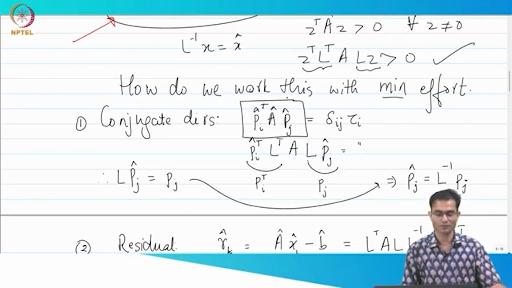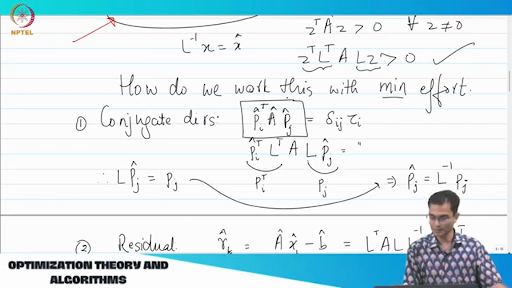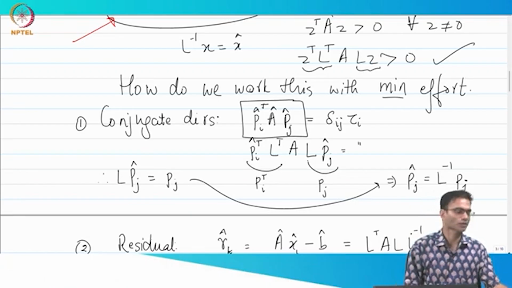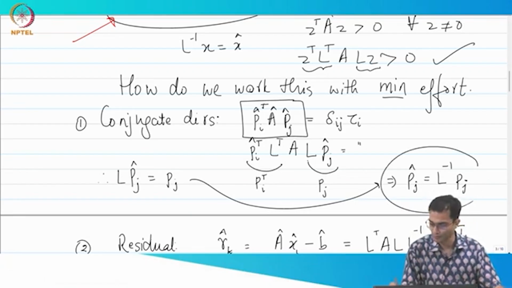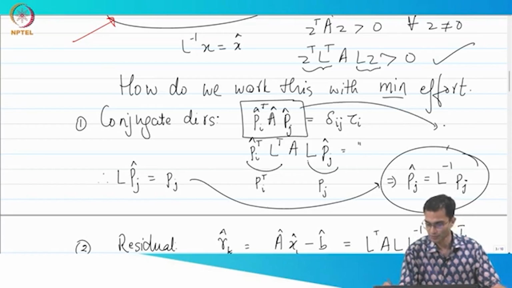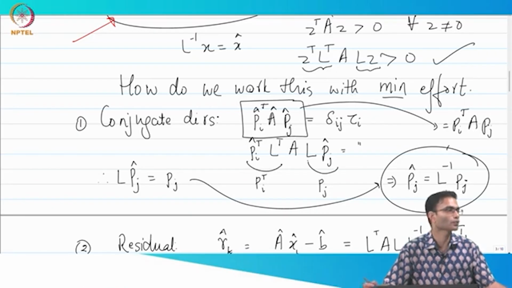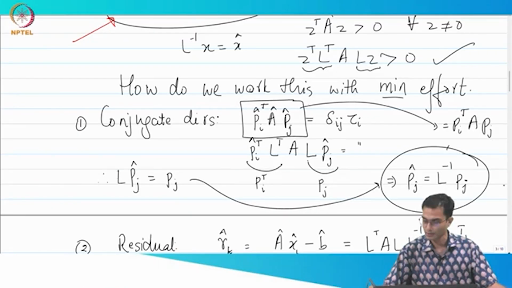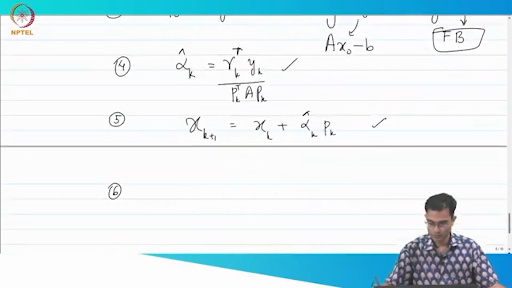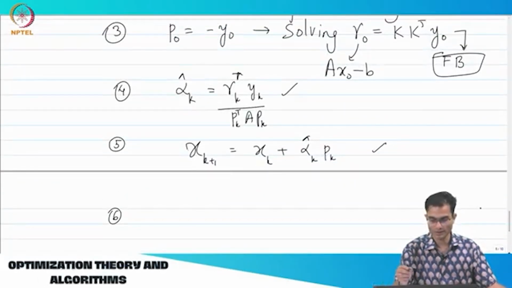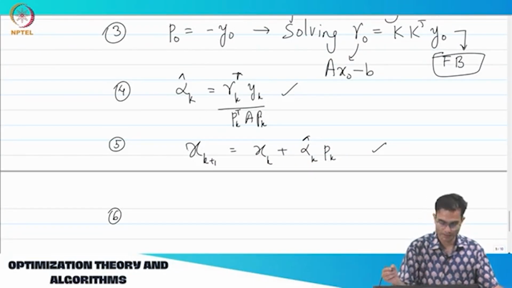P hat transpose A P hat, but with this choice over here, this expression would be simply equal to Pi transpose A Pj if you substitute it, right? So that way I avoid calculating some new P hat, because remember, for new P hat I need this L inverse. I don't want to get into any inverses, right? So alpha hat is done, it's the original A, xk plus 1 is done.